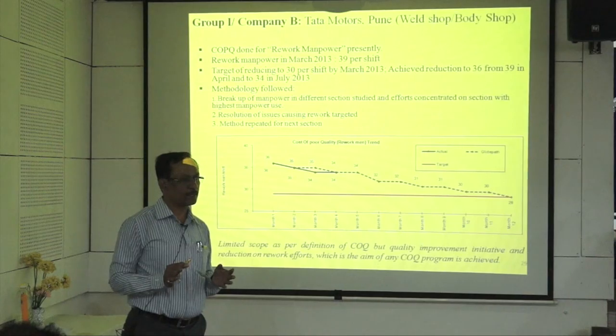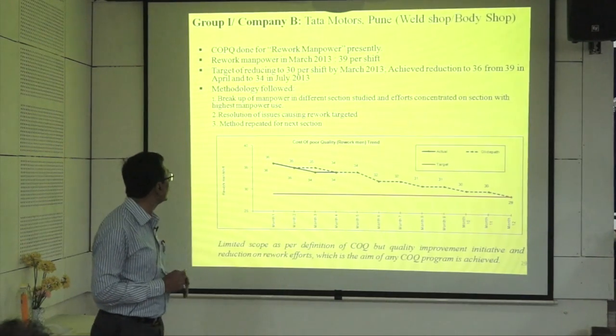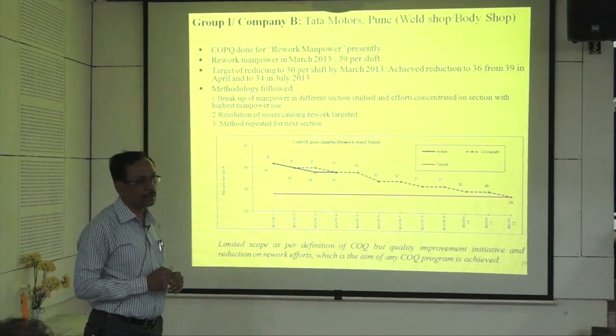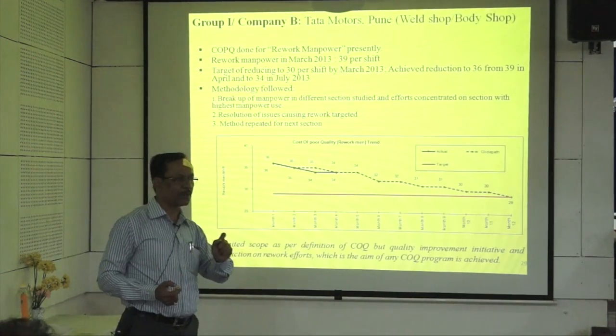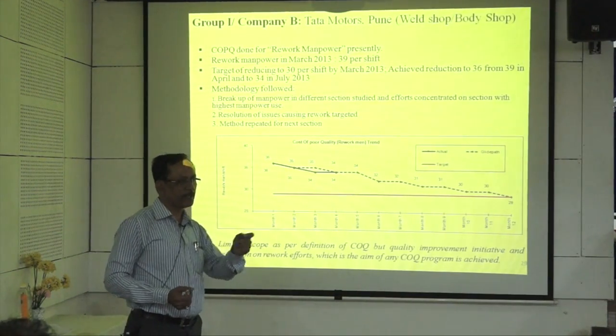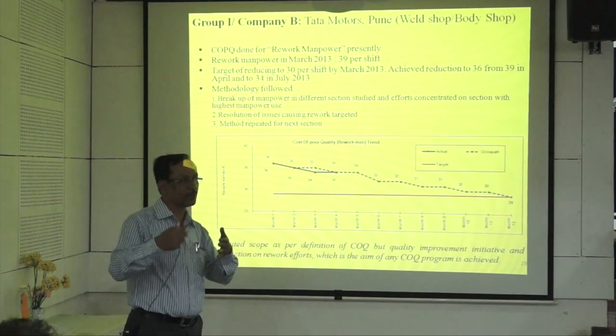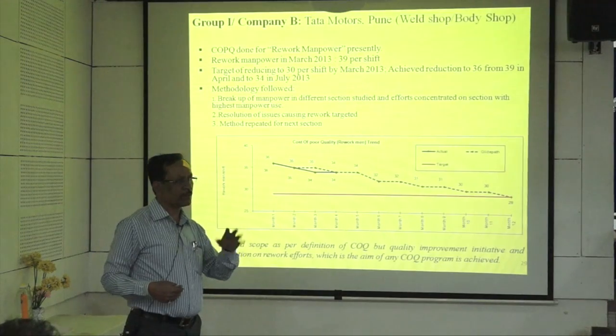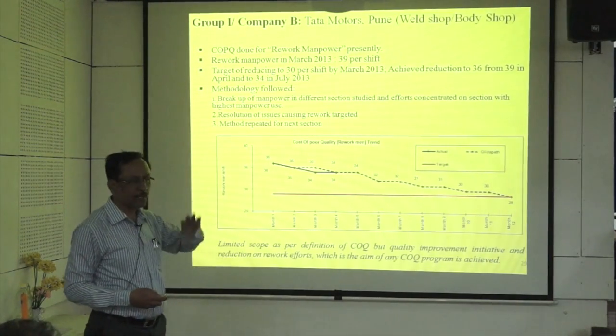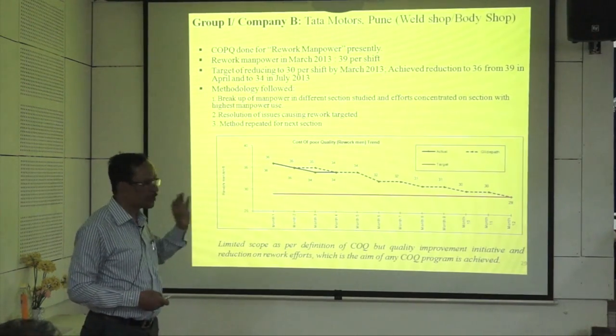In the total shop, around 39 people were there in a shift for rework. Rework is one element of internal failure cost, and under internal failure there are so many heads.